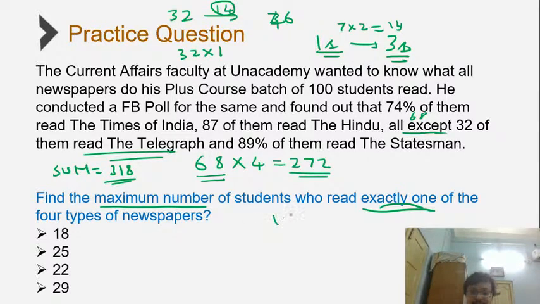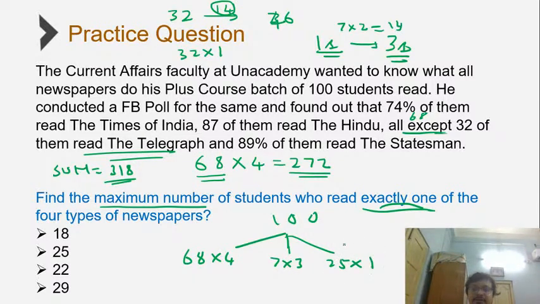So what I'm doing is, out of the 100 people, I'm putting 68 in the 4 newspapers category. Out of the remaining 32, I'm putting 7 people in the 3 newspapers category and the rest 25 people in the 1 newspaper category, to get to a total of 272 plus 21 plus 25, which adds up to 318.